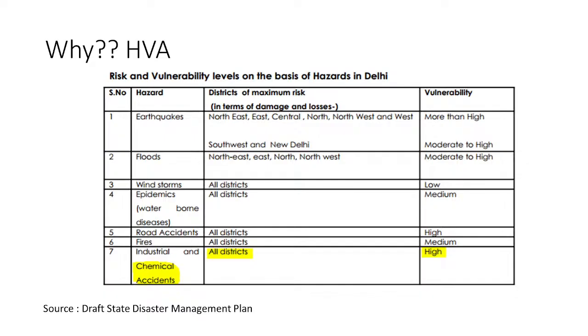If you do hazard vulnerability analysis of Delhi, this is what you will get: Delhi is in seismic zone 4. So there are more and more chances that you may get an earthquake of severe intensity in the future.